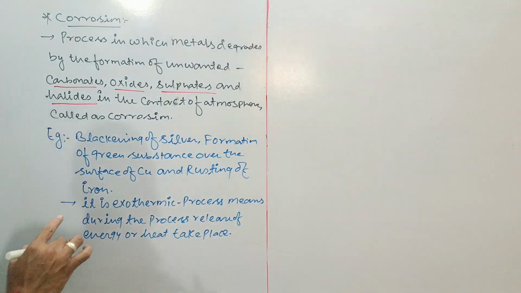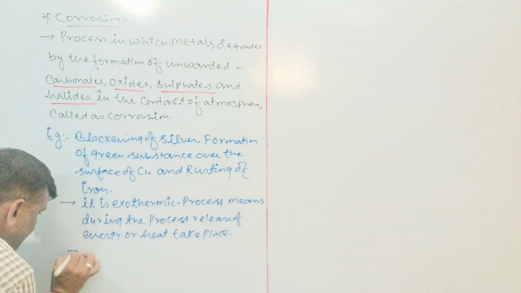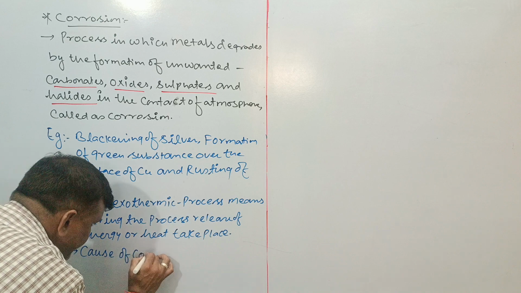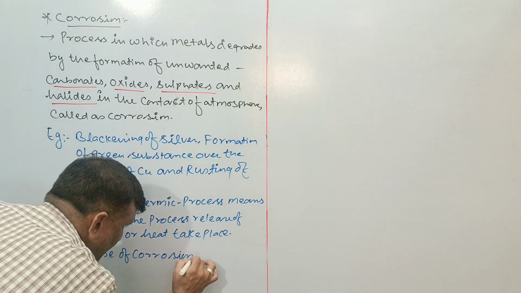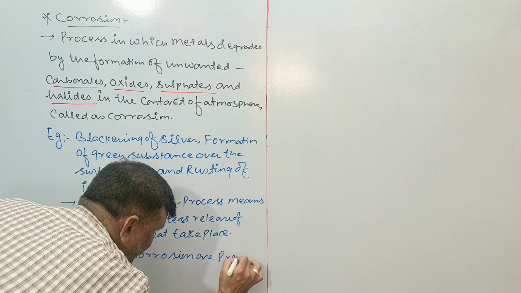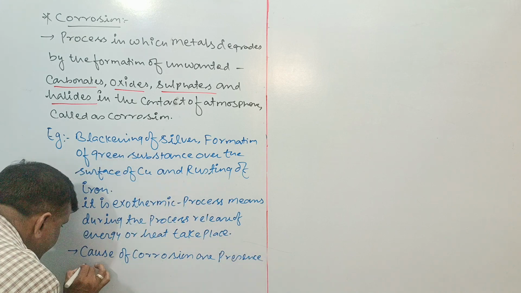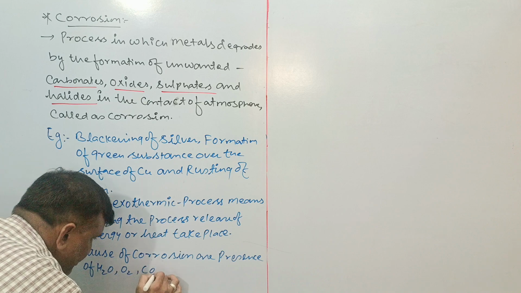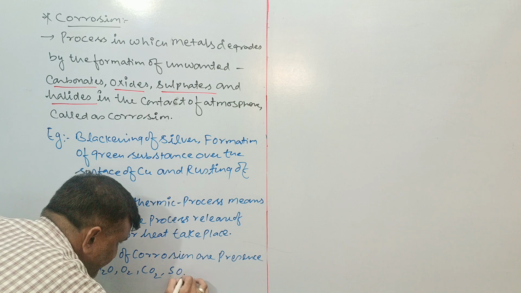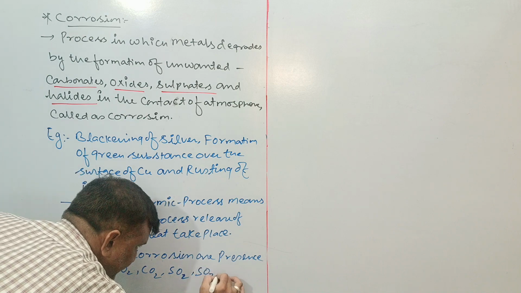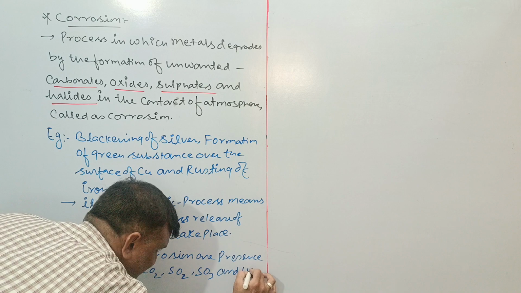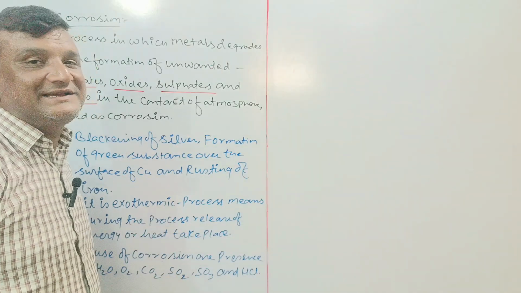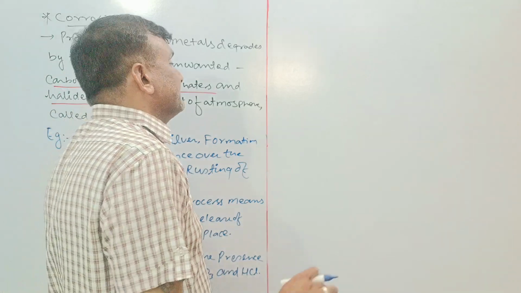The basic cause of corrosion is the presence of H2O, O2, CO2, SO2, SO3 and HCl in the atmosphere. This causes corrosion. That's why these are also called corrosive substances, which cause corrosion.